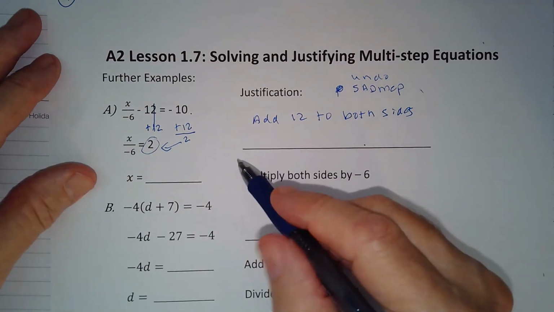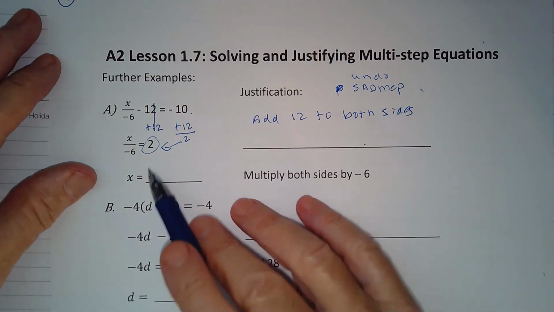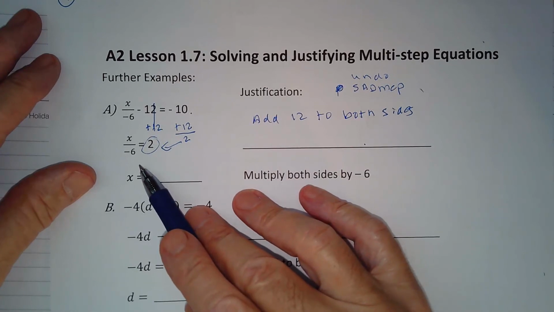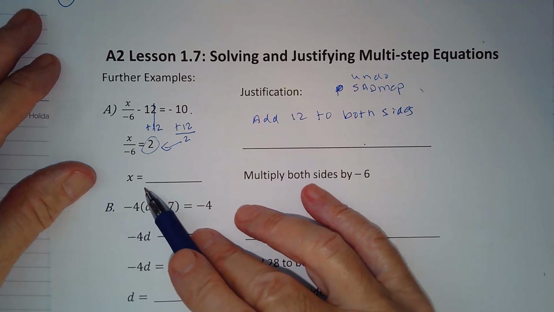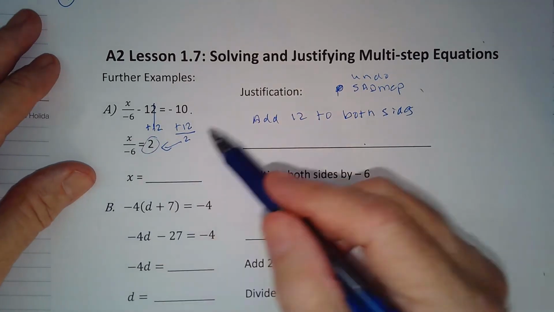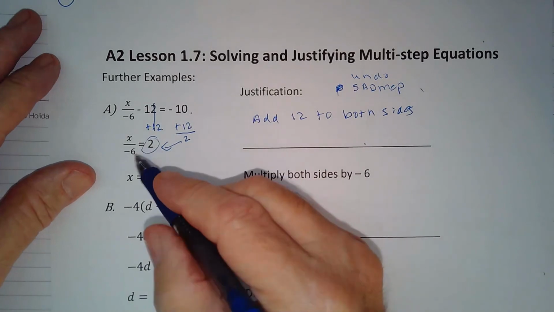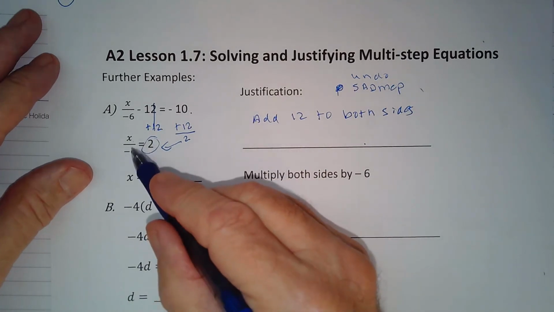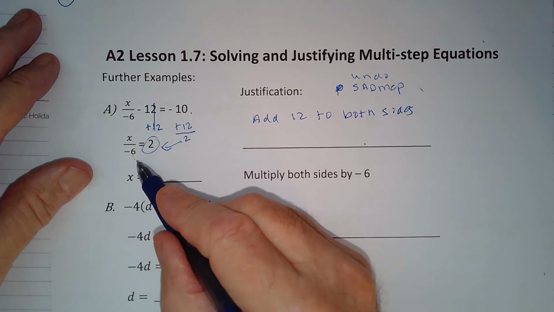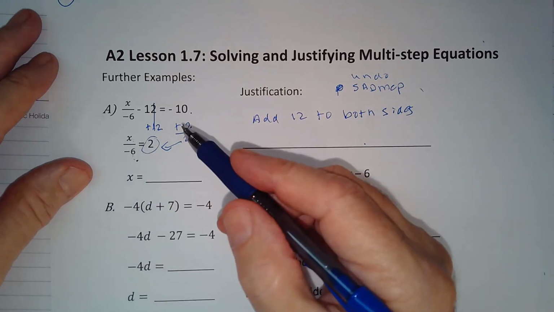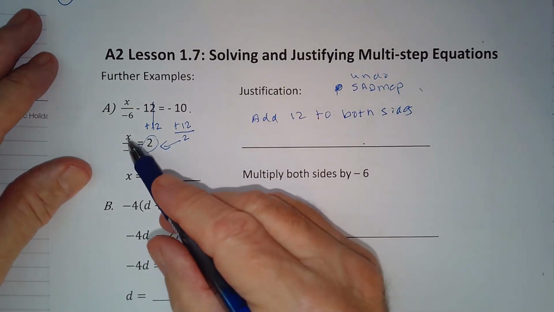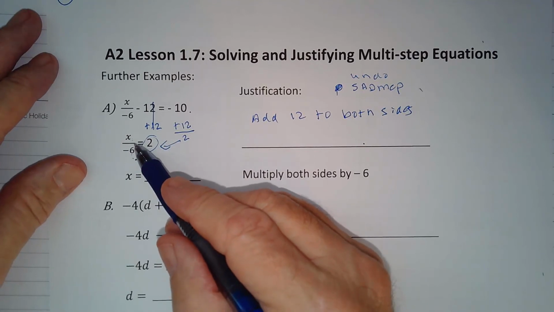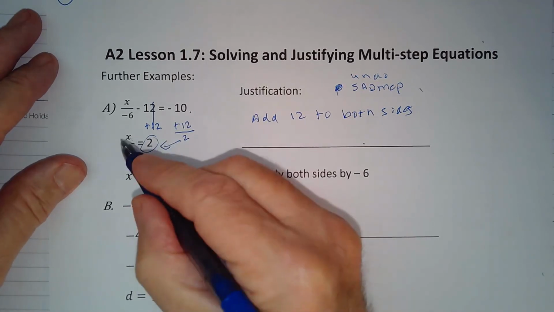Now the next thing you've got to do is go from x divided by negative 6, or x over negative 6 equals 2. We want to know what x is. Since this is a fraction and the negative 6 is in the denominator, we have to multiply times the reciprocal of 1 over negative 6.